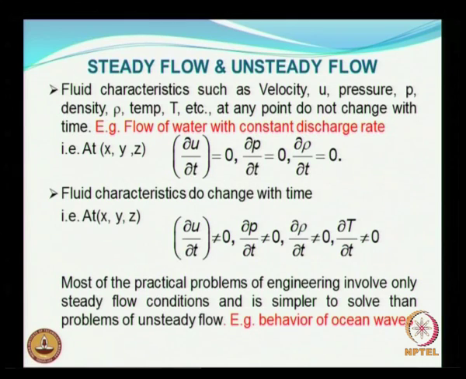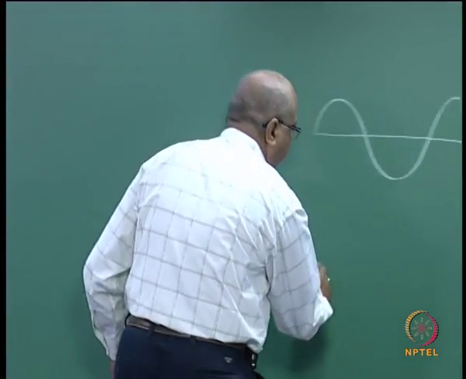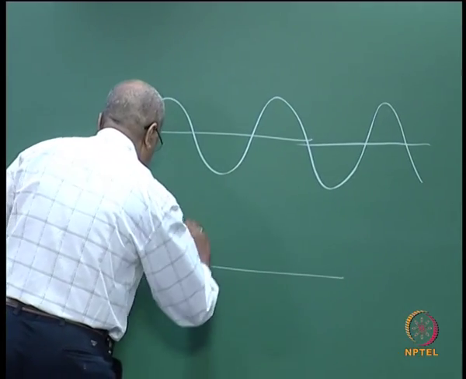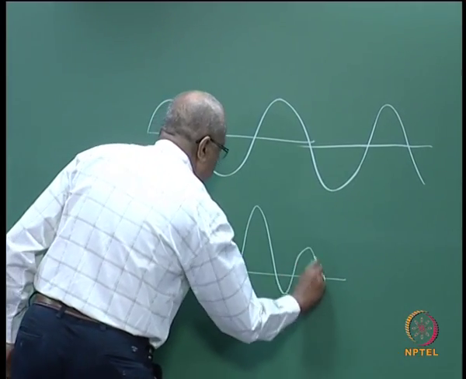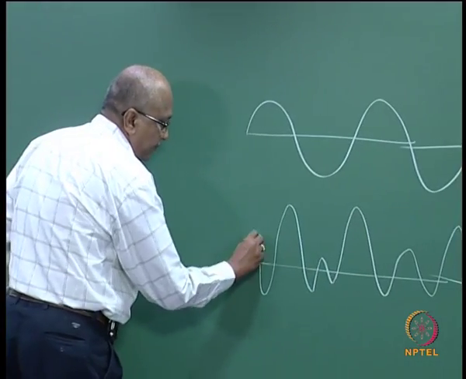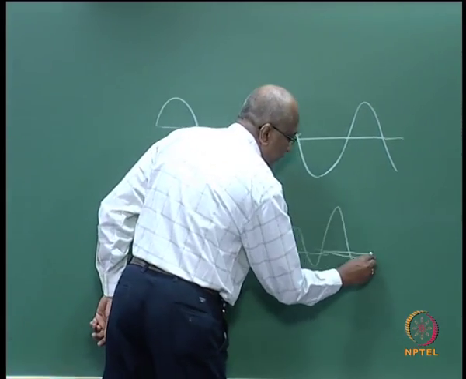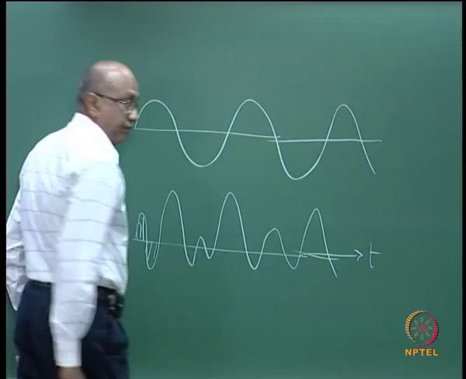You will see later how a wave varies. In the case of a regular wave, if you measure the waves in the deep ocean, this is the surface elevation, and you see that the surface elevation is going to vary with respect to time.